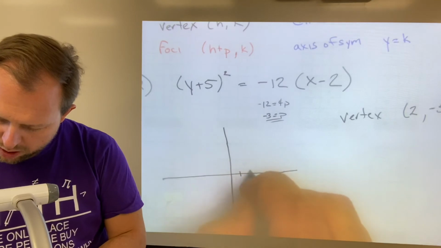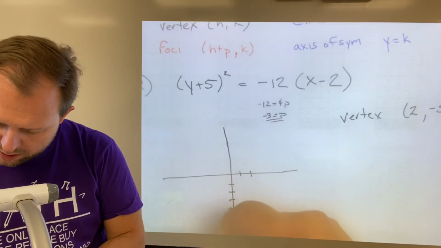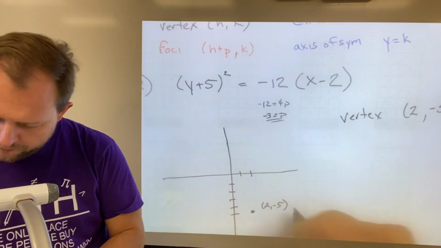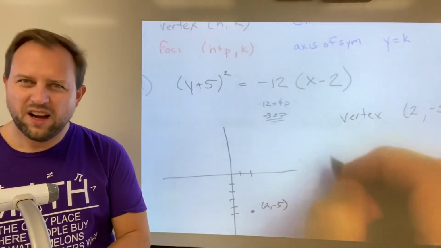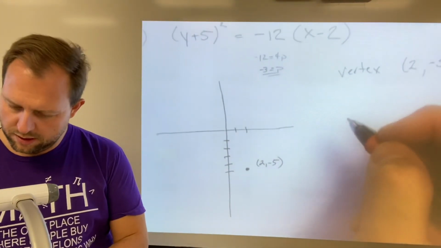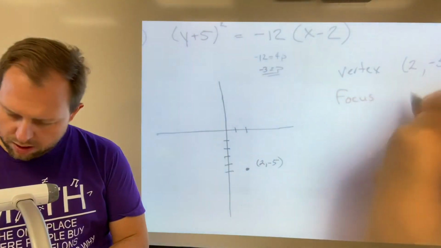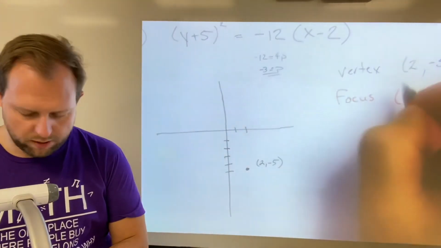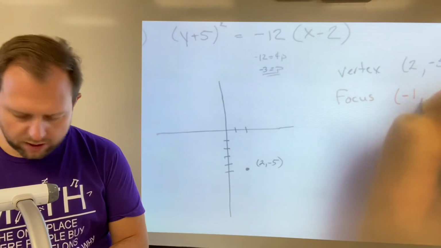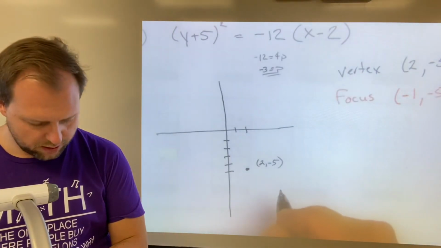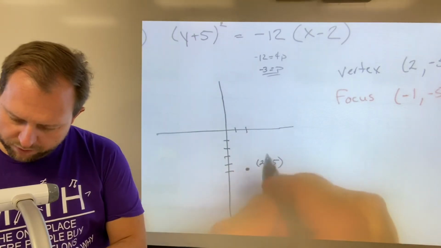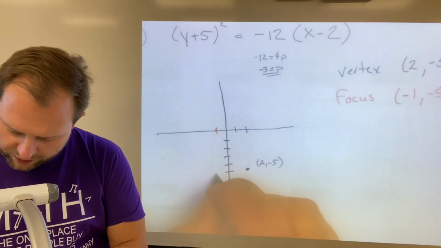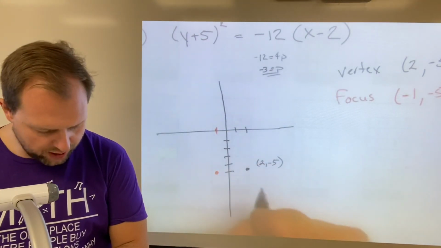So positive 2, negative 5 is our vertex. Our focus is 2 plus a negative 3, which means it's negative 1, comma, negative 5. So negative 1 means it's going to be negative 1 to the left, and then negative 5 down. So there's our focus.